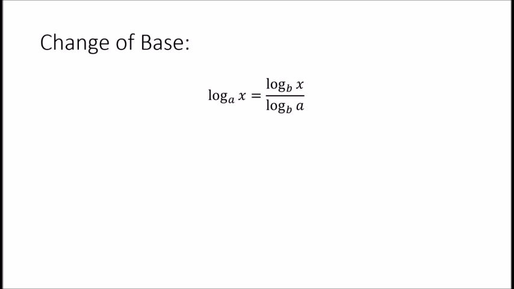So, for example, if you have the natural log of x, you can convert that into log base 10 by taking the log base 10 of x divided by the log base 10 of e. Similarly, if you wanted to convert it into log base 4, you could take the log base 4 of x divided by the log base 4 of e.